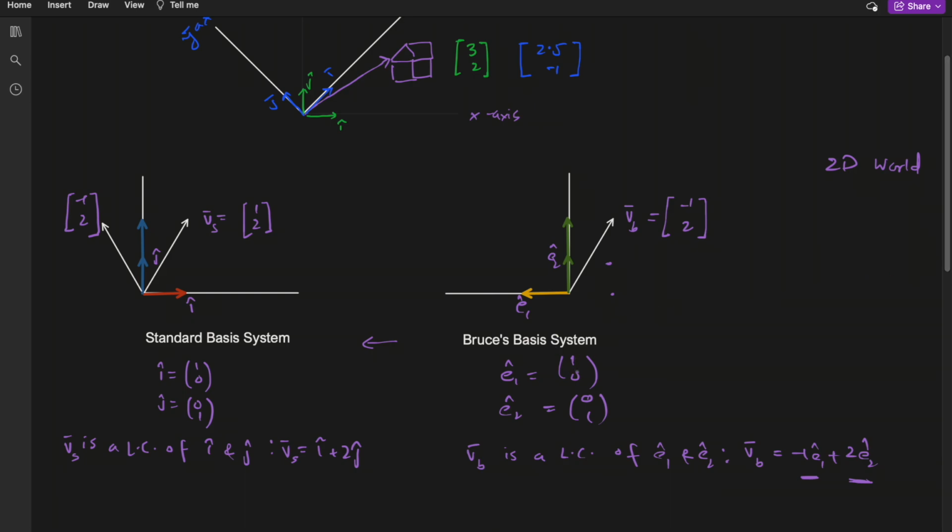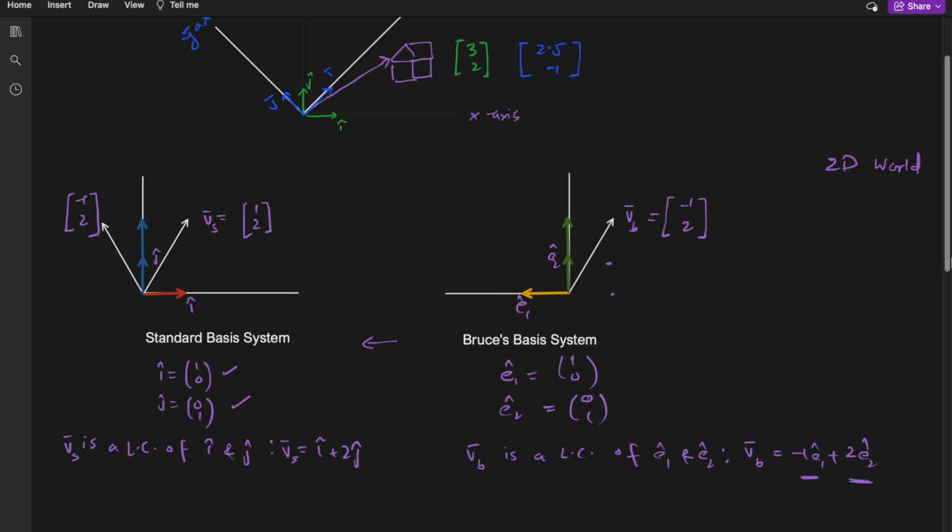In his system, this 1 0 is not according to our system. You may say, if E1 hat is 1 0, it is here, then how could E1 hat be here? This 1 0 and 0 1 is according to the standard basis system, and this 1 0 and 0 1 is according to this basis system. So for him, E1 hat, the first basis vector, is 1 0 only and E2 hat is 0 1 only.